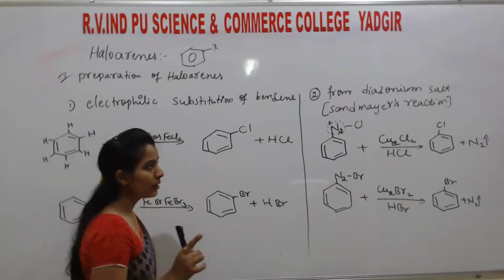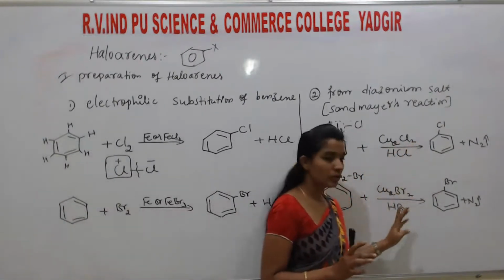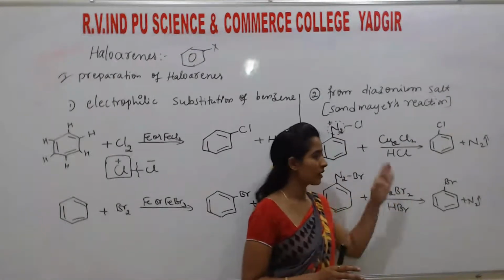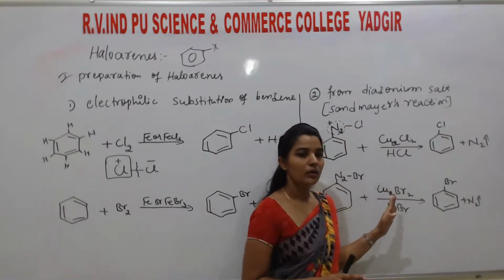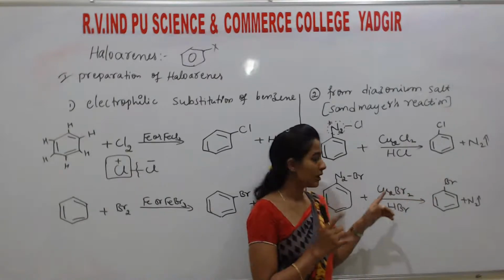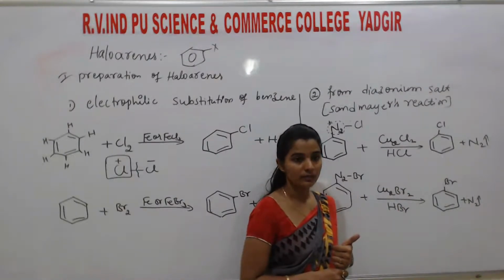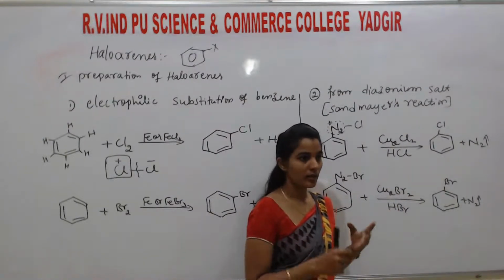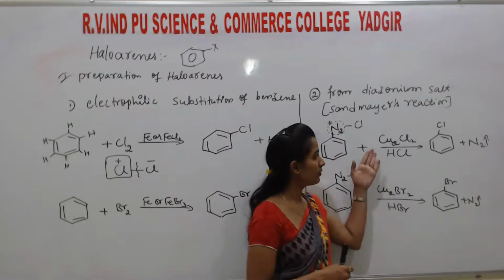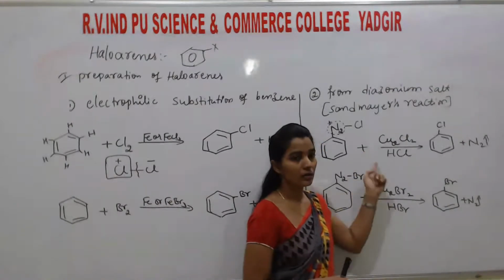So remember one thing, here also we are not using Cu2F2 or Cu2I2. As I told you the same thing, because copper is a metal, it easily oxidizes as well as reduces. So Cu plus 2 goes to Cu plus 1, reduction happens. Understand? In presence of I and F, they are good.